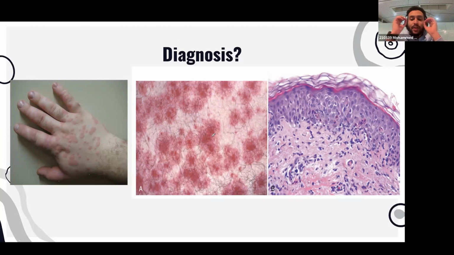Now, something very specific about this. The center of the red, the darker red, is mediated by what type of cells? CD8. Good. CD8 cells, cytotoxic T cells. That means it causes cell death.